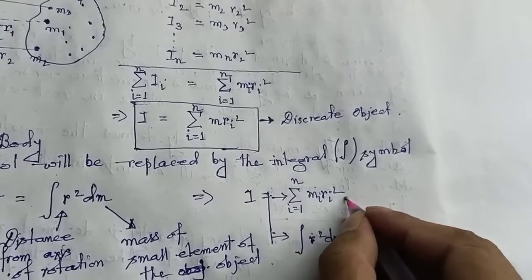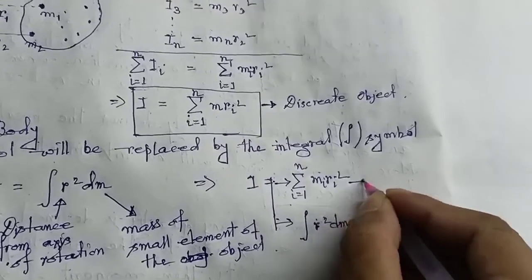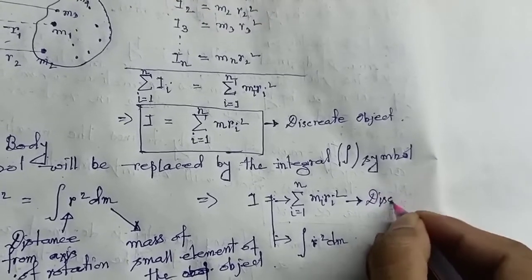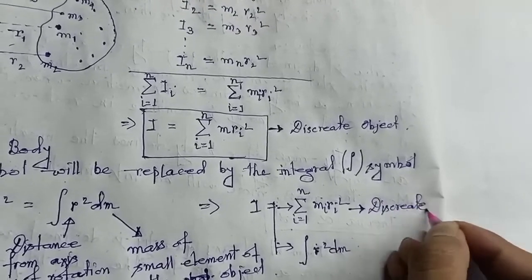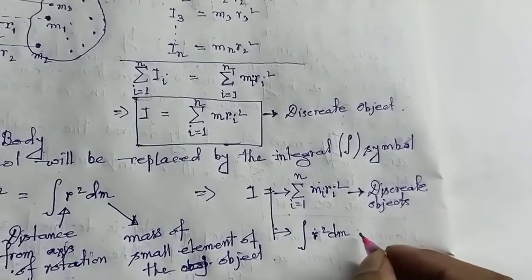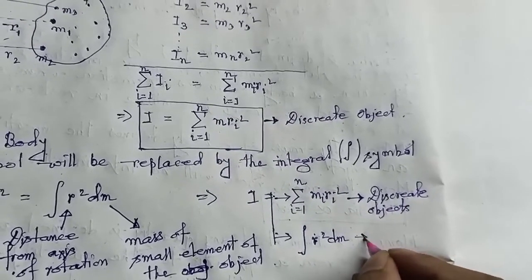So the first formula holds true for discrete objects, and this second formula holds true for continuous objects.